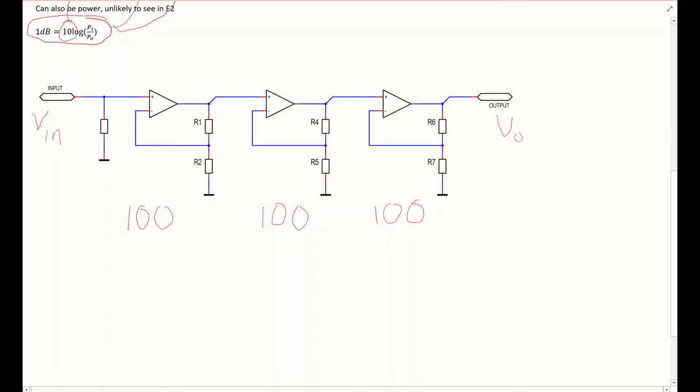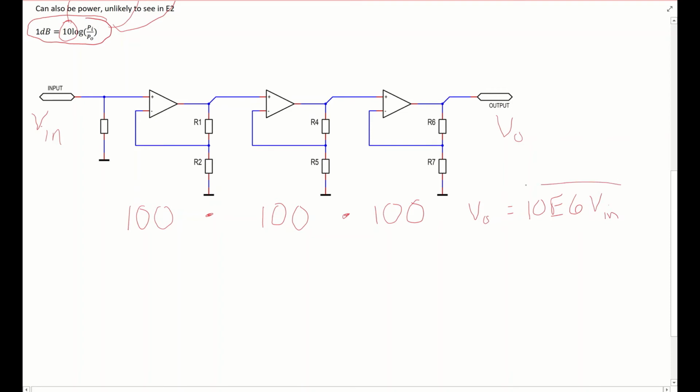And okay, we want to get the gain between V in and V out. And in order to do that, where we've got these three different stages, we're actually going to have to multiply these stages. And that's going to take you all the way to saying that V out is equal to 1 million V in.